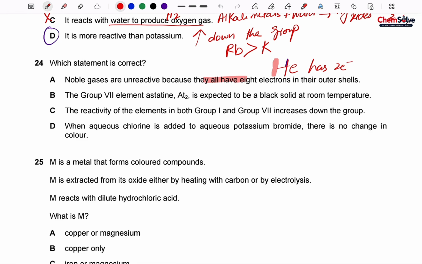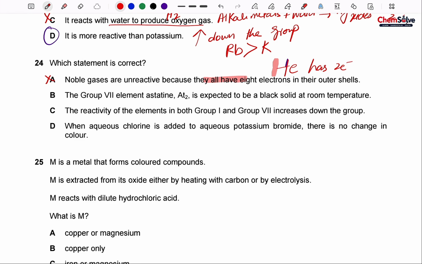So we can't say that all the noble gases have 8 electrons in the outer shell. This statement is incorrect.